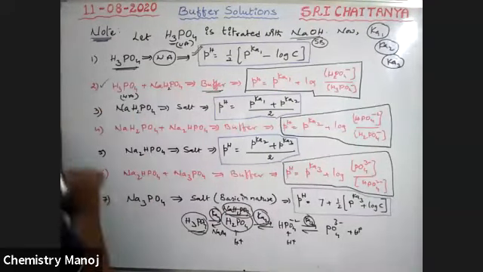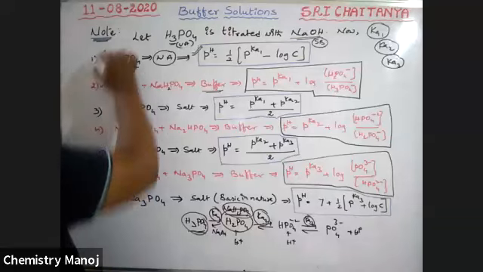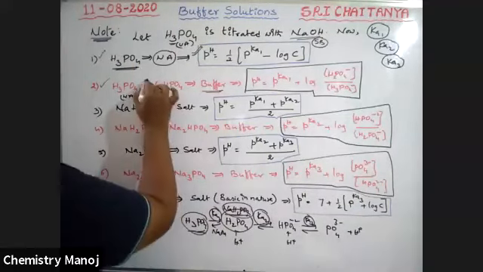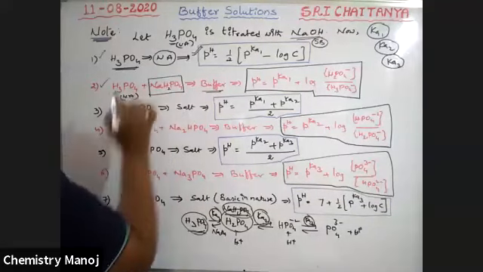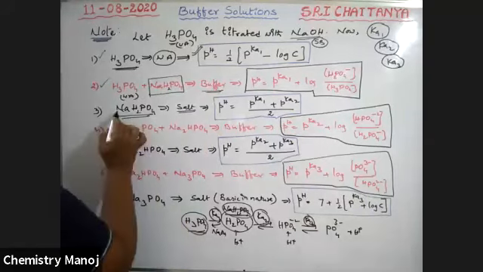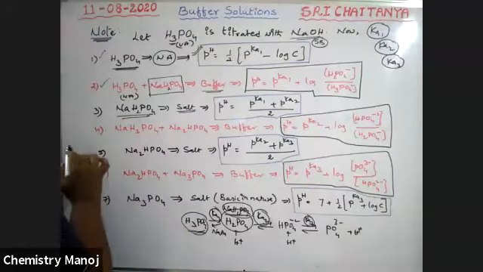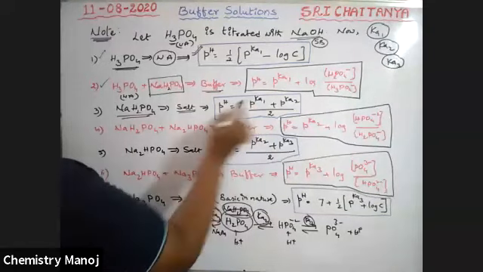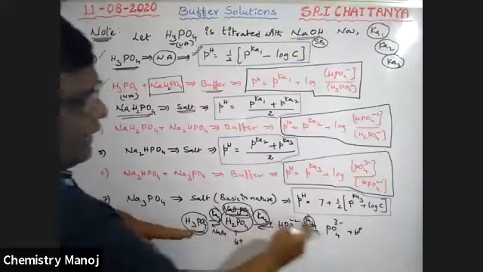So this is a buffer. At the beginning it is the weak acid only. Now NaH2PO4 is formed. This NaH2PO4 acts as a salt of weak acid and strong base. First dissociation has already taken place. If it is involved in the second case, second dissociation is possible.